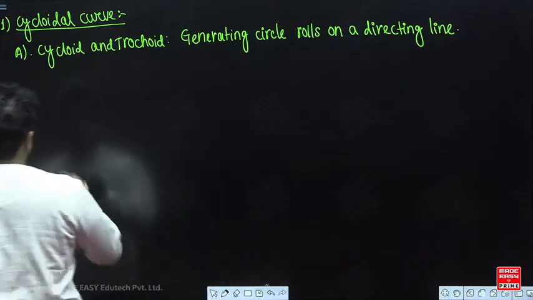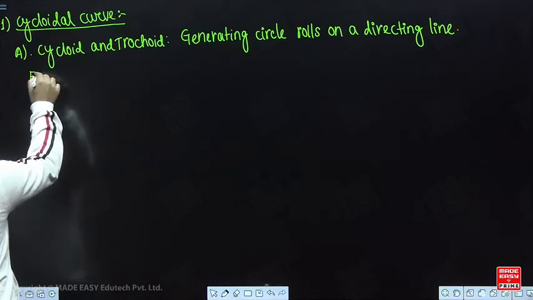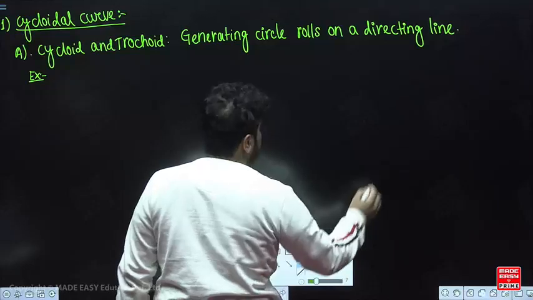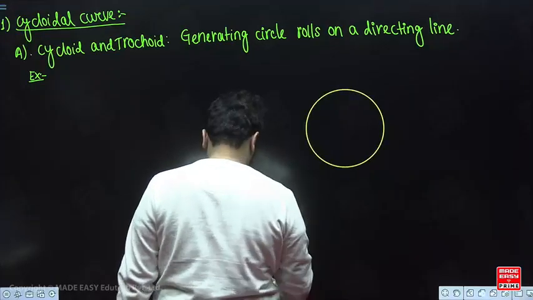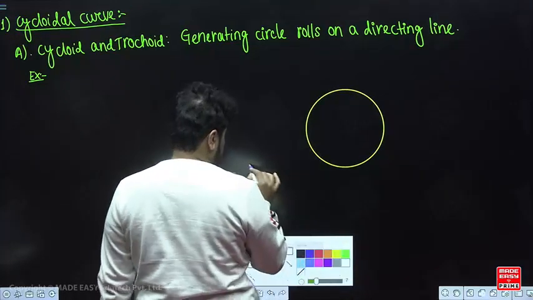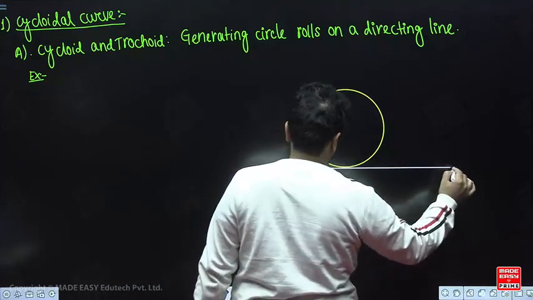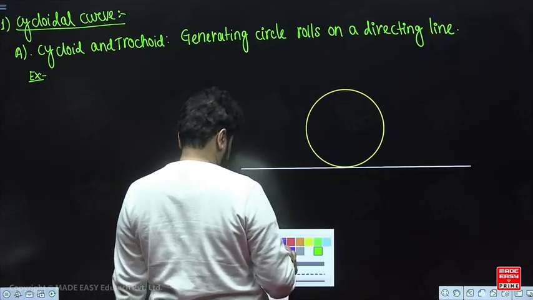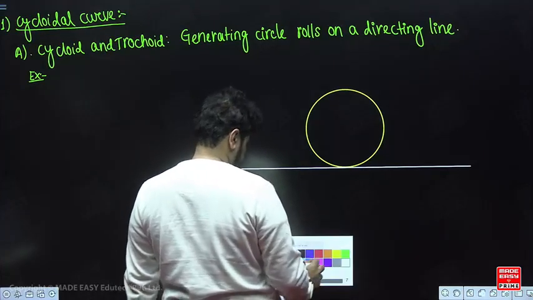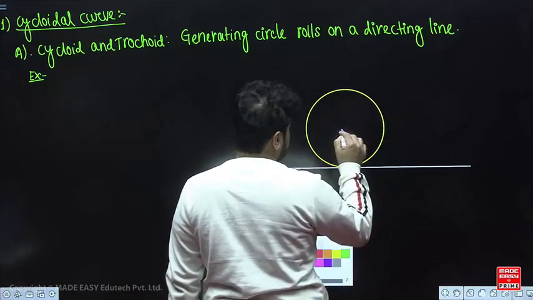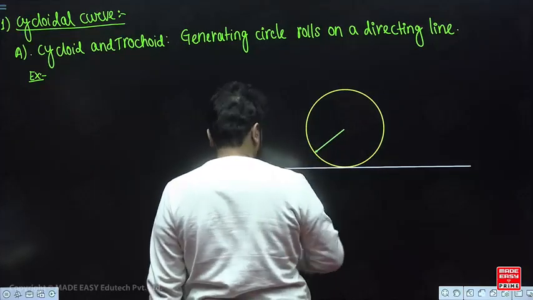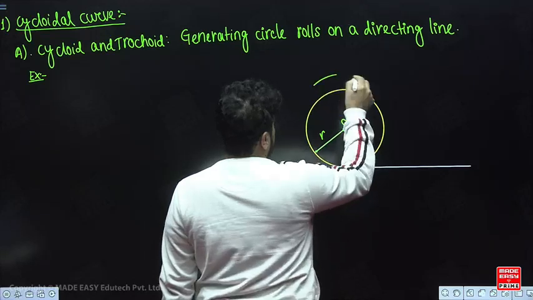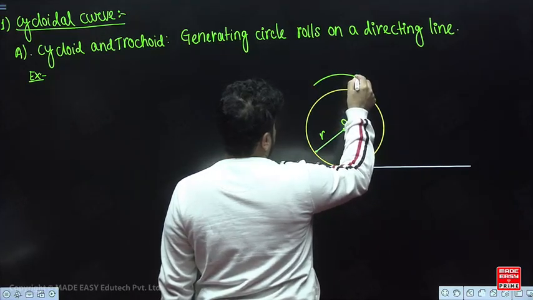For example, this radius is r, suppose this is center O dash, it is rolling on a directing line.